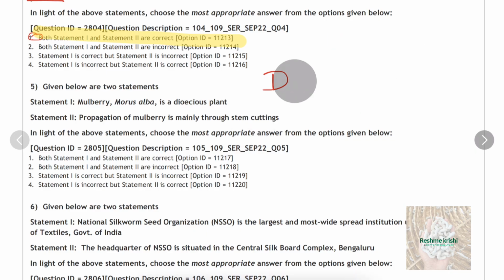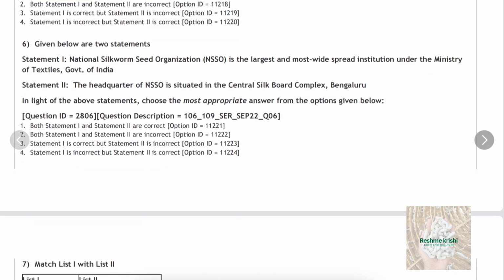There are some cases where male and female are present in the same plant, and some cases where they are in different plants. Basically, if you see Morus alba, remember again, V1 is always referred to as male. In breeding terms, it is male. We cannot say completely, but yes, it is a male type, so it is a dioecious plant, right? Propagation of mulberry is mainly through stem cutting. That is true. So both statement A and statement B are correct.